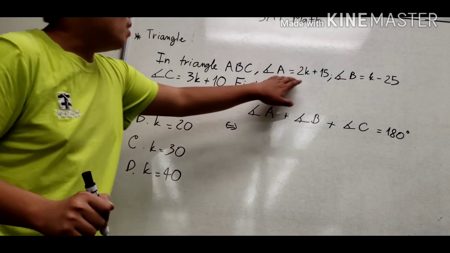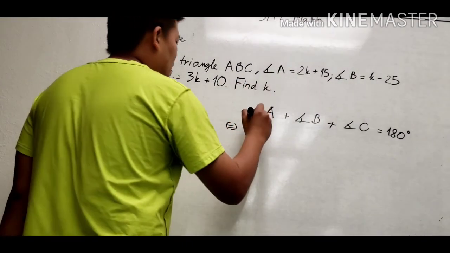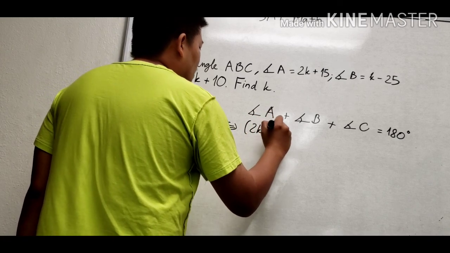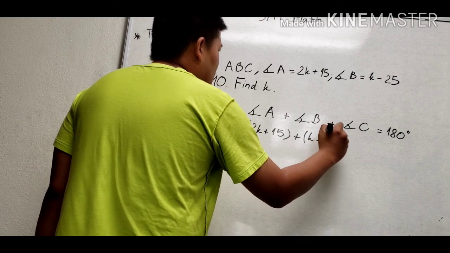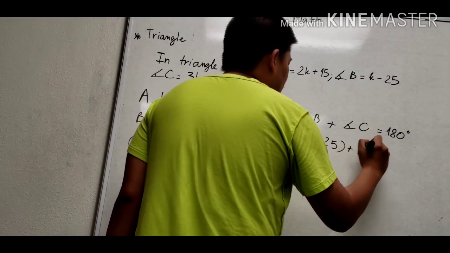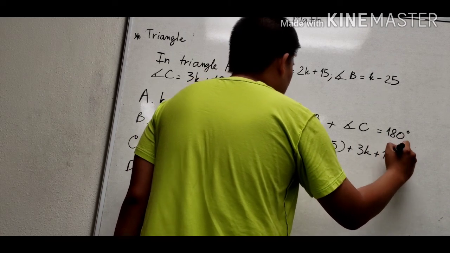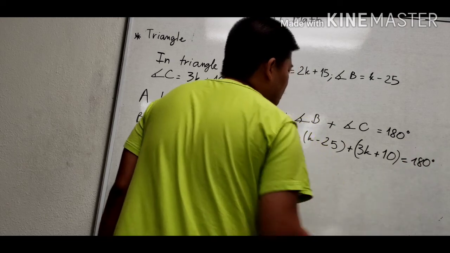We just sum them together: 2k plus 15, k minus 25, 3k plus 10 equal to 180 degrees.